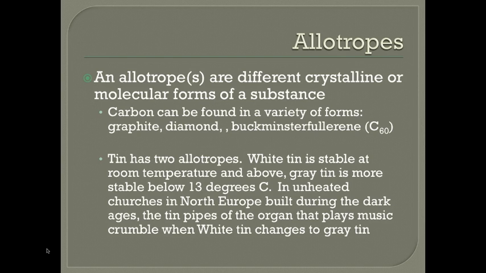White tin is stable at room temperature and above, and gray tin is more stable below 13 degrees Celsius. Because of the nature of these allotropes, churches built during the medieval period in Europe that had tin pipes for the organ or for water or for other reasons often had that white tin changed to gray tin because of the temperatures in Northern Europe.